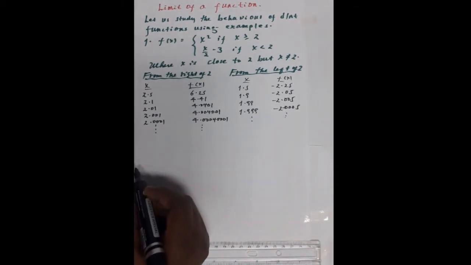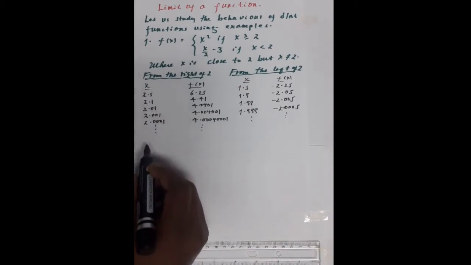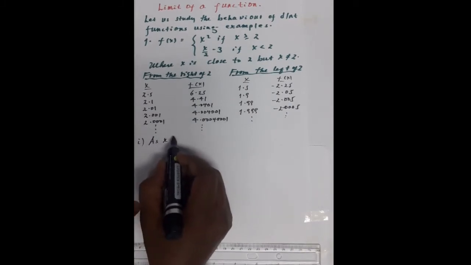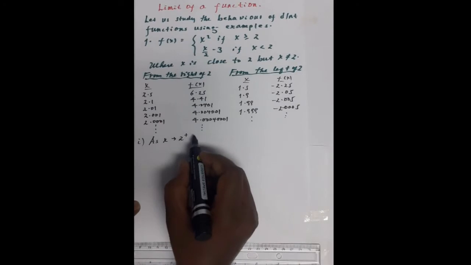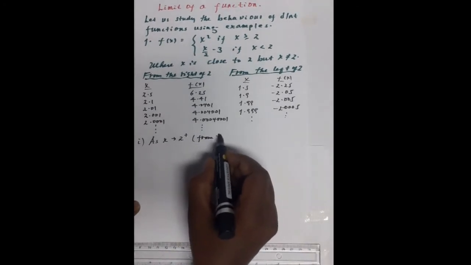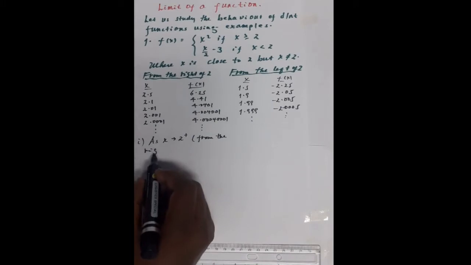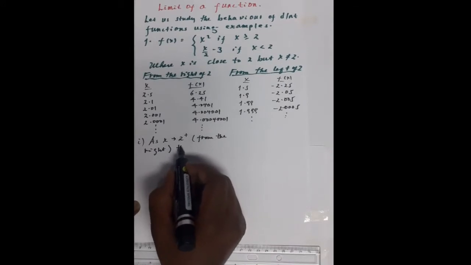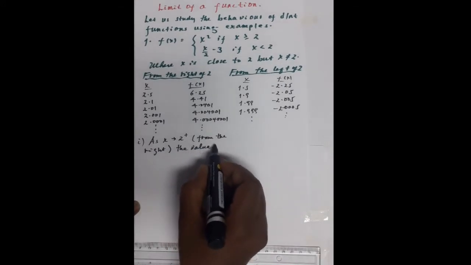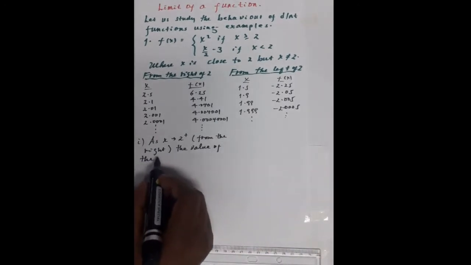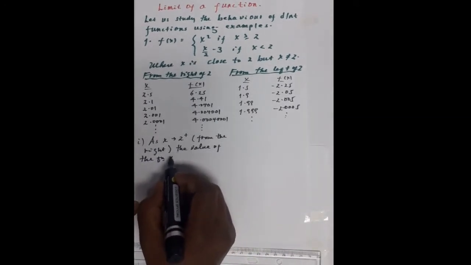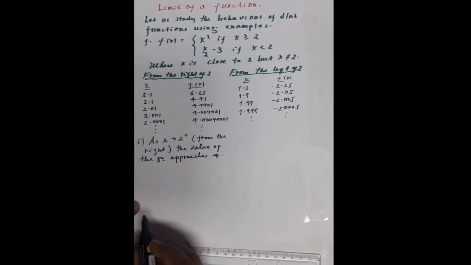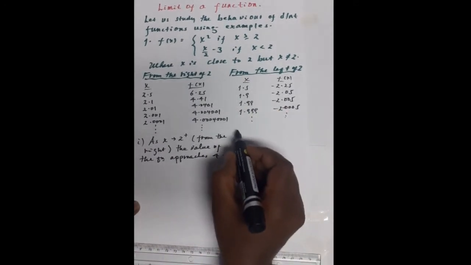So now we can say that as x approaches 2 from the right, that means from the right side of 2, the value of the function approaches 4.